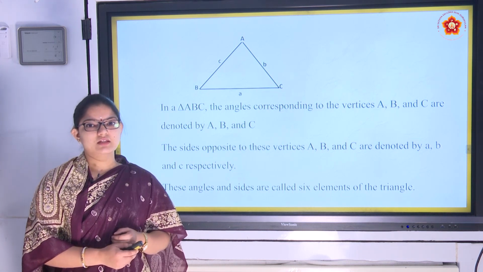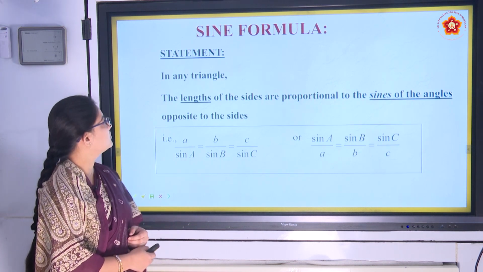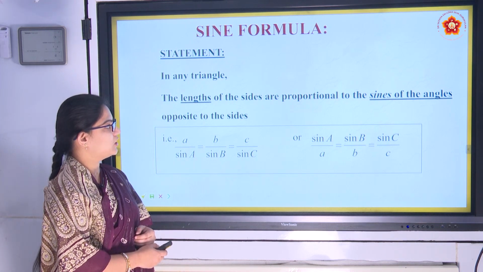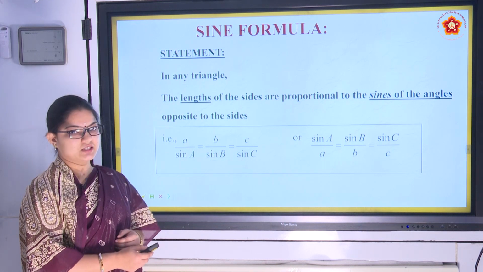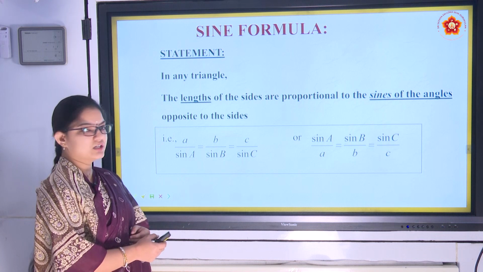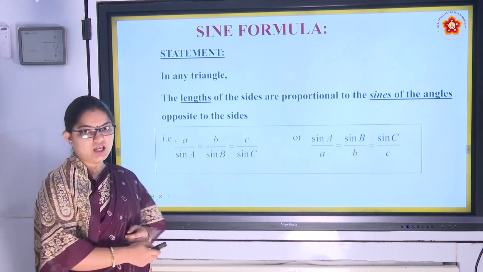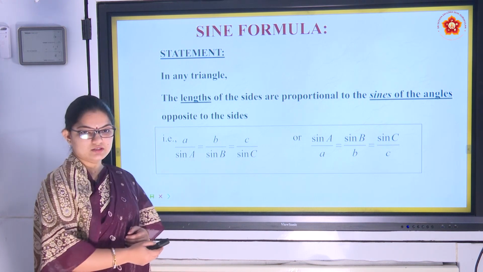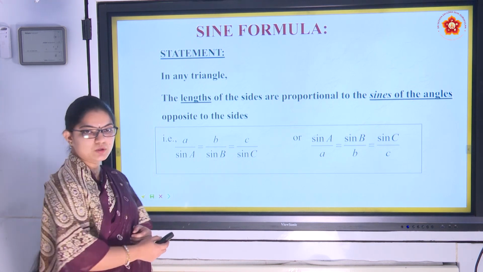In this session, let us discuss sine formula. The sine formula states that in any triangle, the lengths of the sides are proportional to the sines of the angles opposite to the sides. That is, side a is proportional to sine A, where small a is the side and capital A denotes the angle.